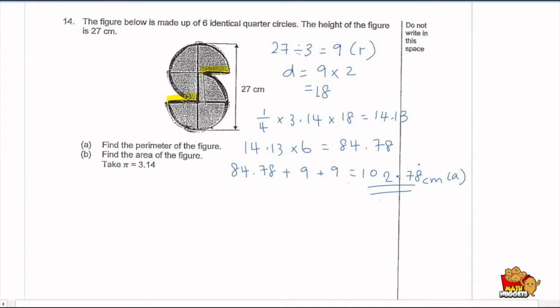Part B, find the area of the figure. The area is simply 1, 2, 3, 4, 5, 6 quarter circles. So I'm going to find the area of 1 quarter circle first. Quarter times pi times radius times radius.